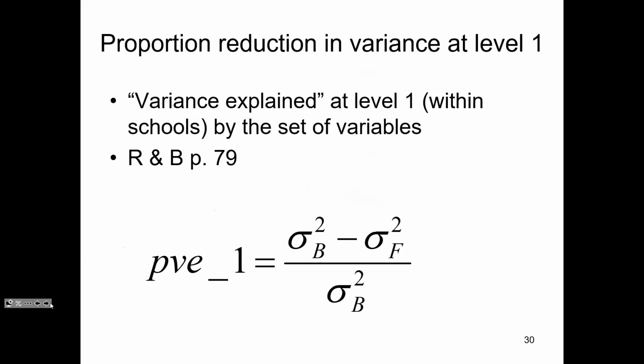A good way to think about this is, we're always going to take the bigger sigma squared minus the smaller sigma squared. And of course, as we add predictors, the amount of residual variance should either stay the same or go down, right?